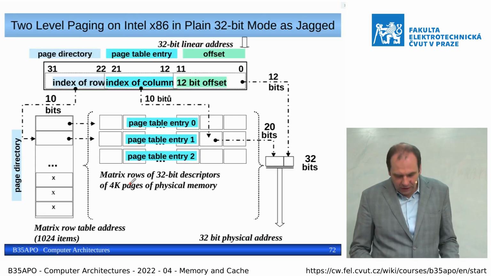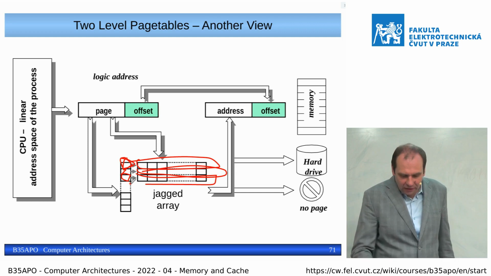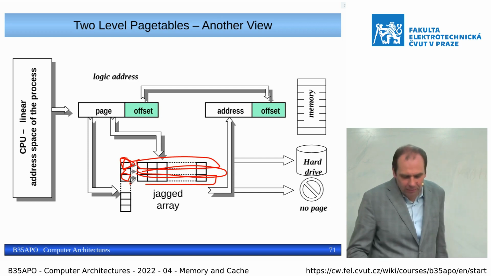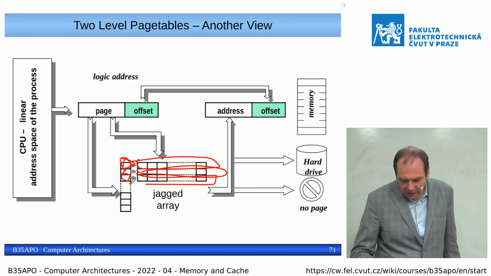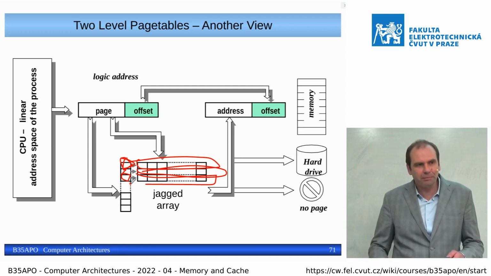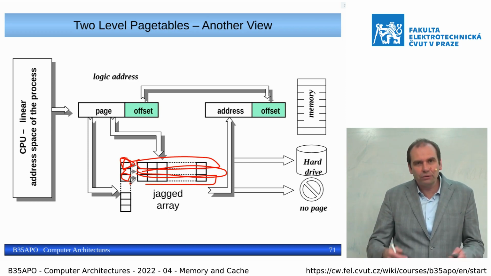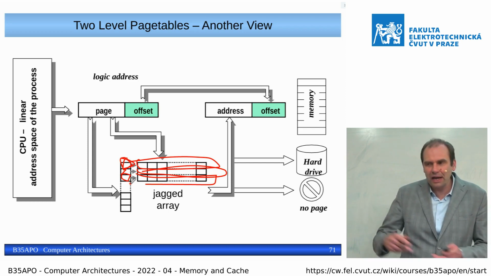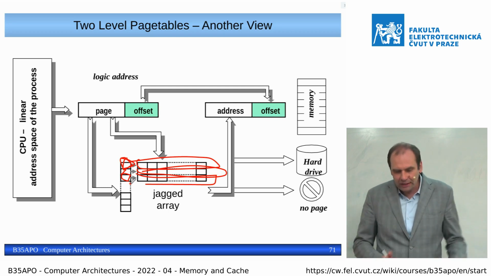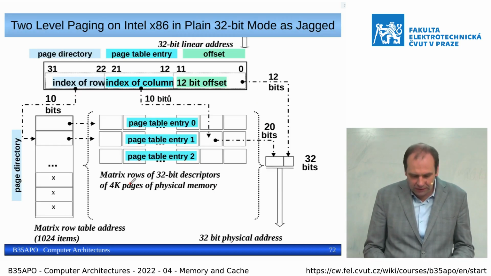This is a translation. In the case that given data do not fit into the main memory, we mark it as not available, and then there is a page fault. If there is a page fault, the operating system checks if you have a right to access this area, and if the data are on the disk, it swaps in the data from the disk.